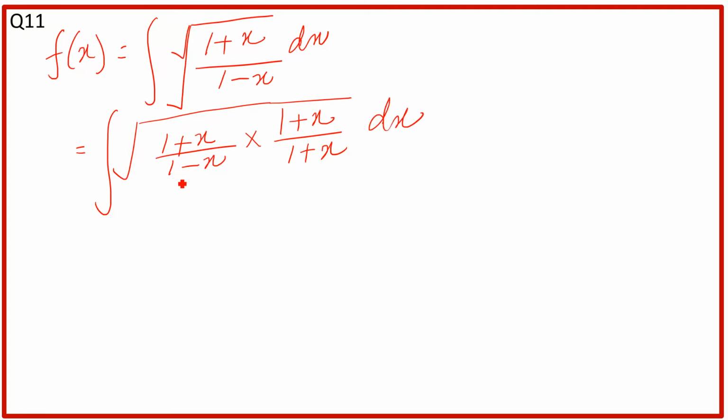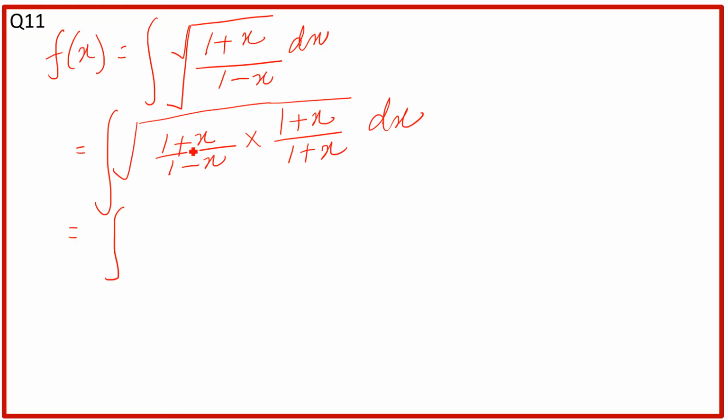Here in the denominator we have 1 minus x, so you have to multiply and divide with 1 and x, but here you have to use the positive sign. If it is positive, we will use the negative sign; if it is negative, then we will use the positive sign. Opposite sign we have to use.